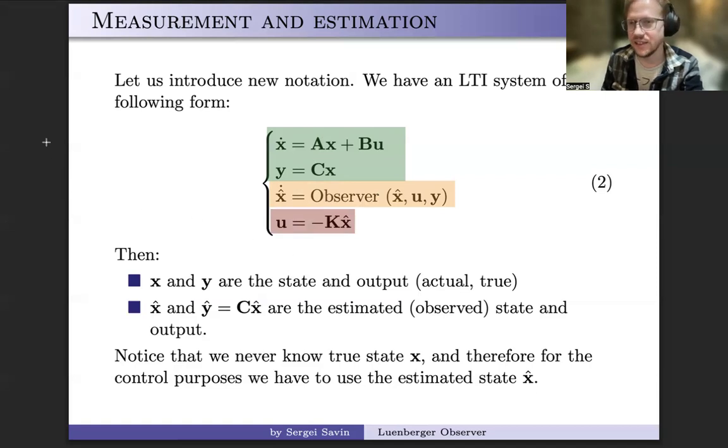Now, let us study what is different between this proposition and the previous one. First of all, in our control law, we are not going to use x, which might not be available to us. Instead, we are going to use x hat. X hat is an estimate of x.